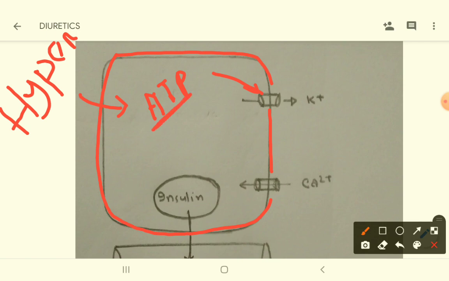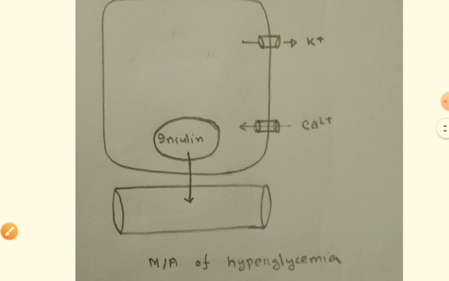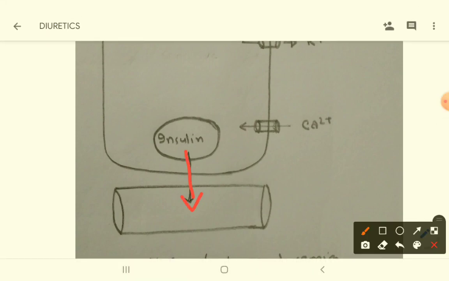So potassium cannot go out from the cell, and potassium will increase within the cell. This increased potassium will trigger entry of calcium, and this calcium will stimulate the insulin store to release insulin into the blood vessel. So more insulin will be released, and this insulin will then decrease the blood glucose level. Okay, this is the normal physiology.